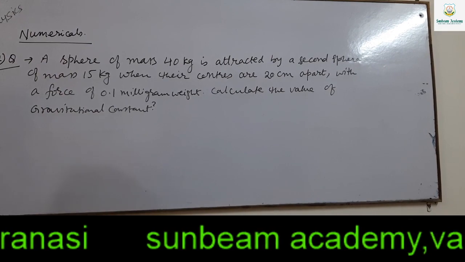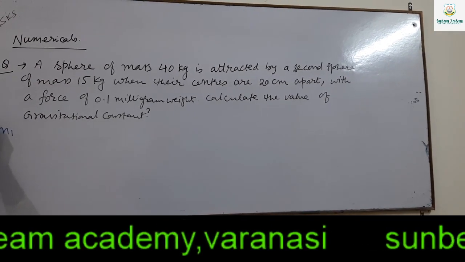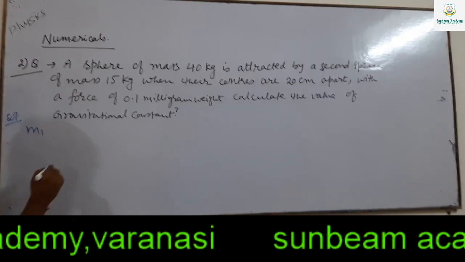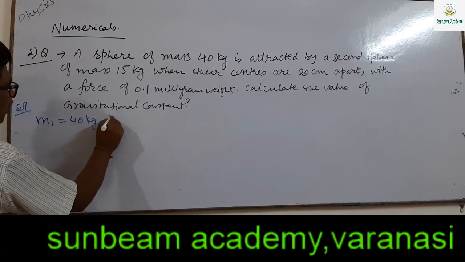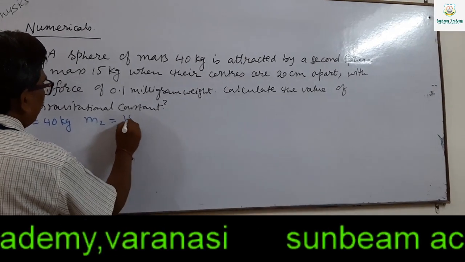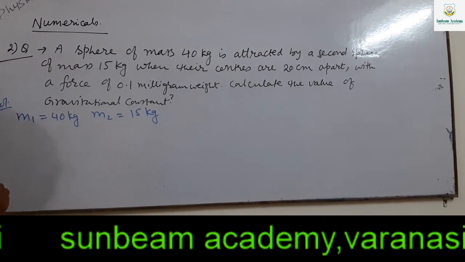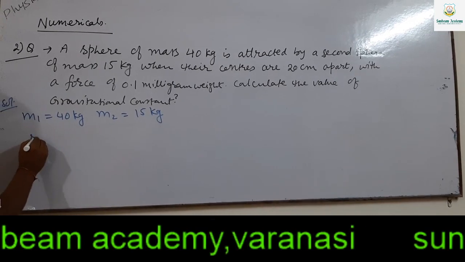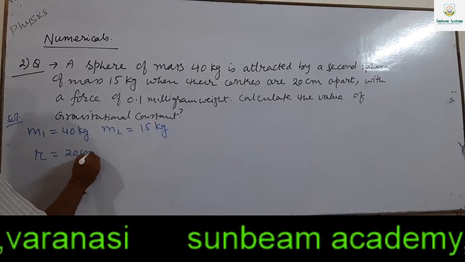There it is given the two spheres: mass of one sphere is 40 kg, mass of another sphere is 15 kg, distance between them, means r, is given 20 centimeter.